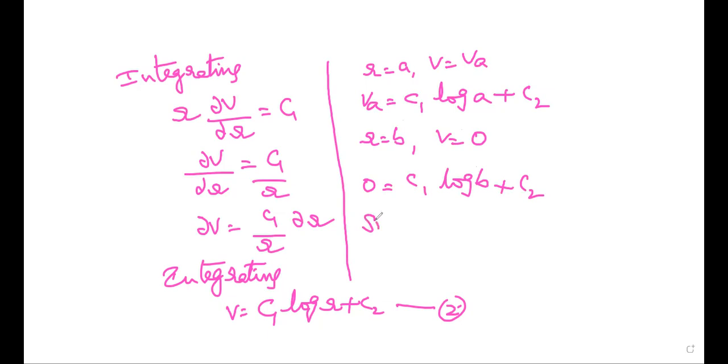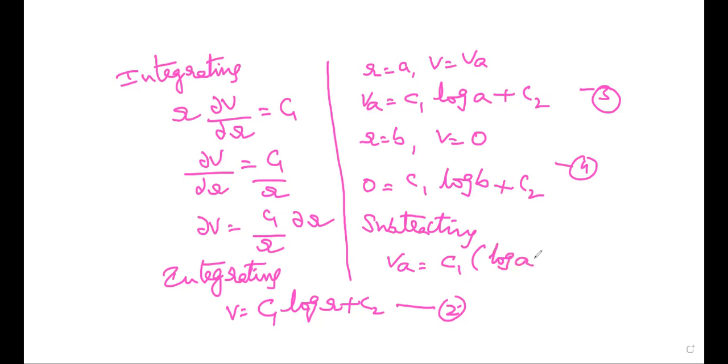Subtracting equations 3 and 4, VA minus 0, VA is equal to c1 into log a minus log b.